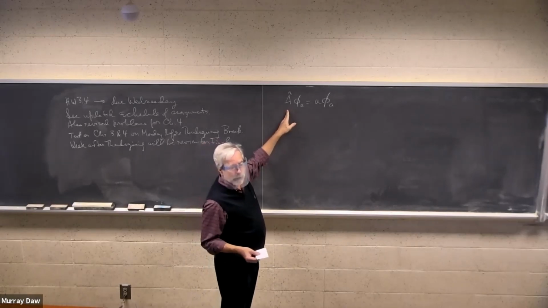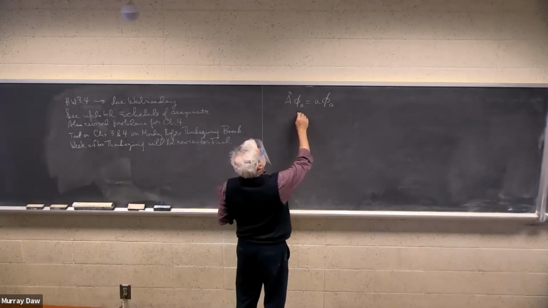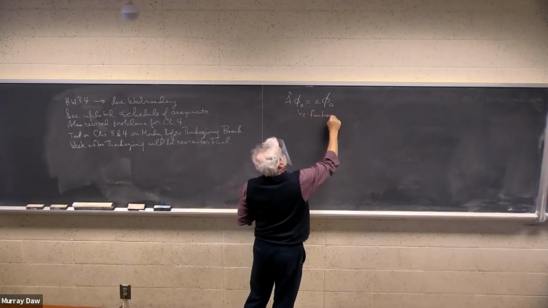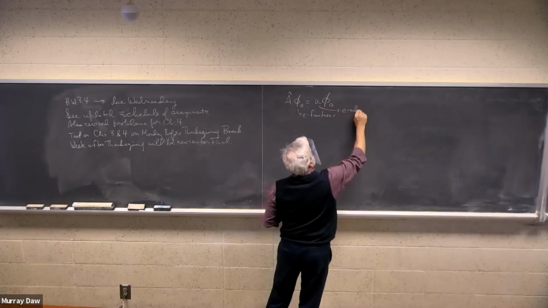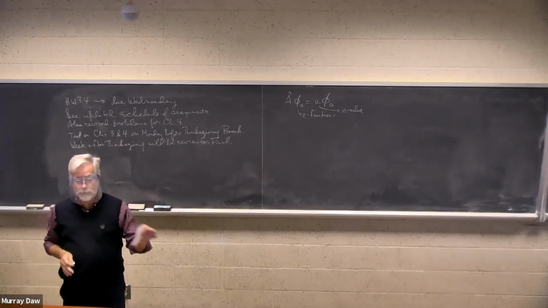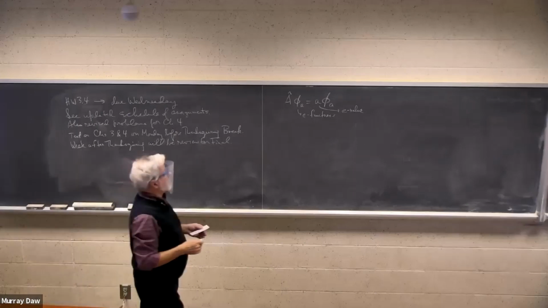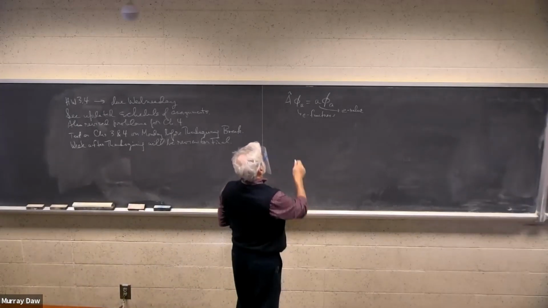Each operator has a possibly different set of eigenfunctions. Each eigenfunction has an eigenvalue. Sometimes there can be many functions with the same eigenvalue. That's called degeneracy.